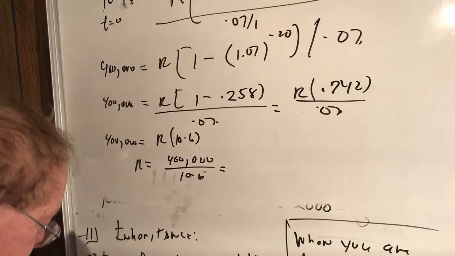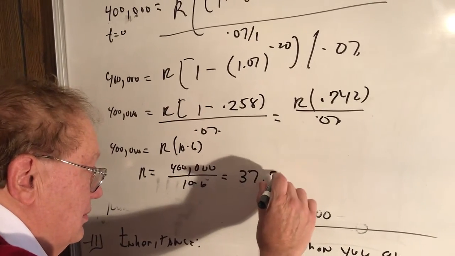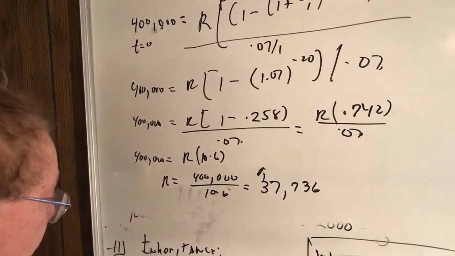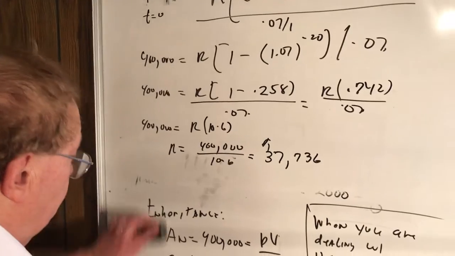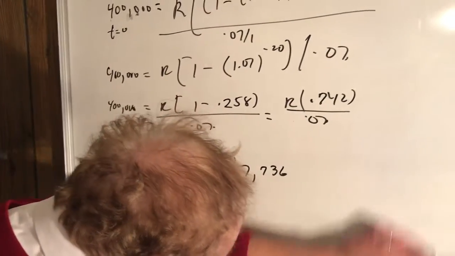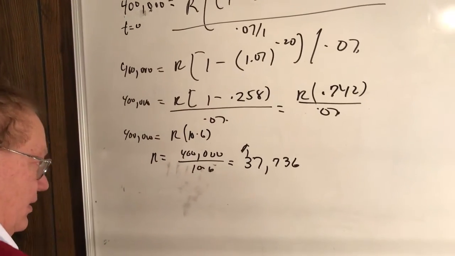That's $37,735, 37,736. So I'm getting back 37,736 every year.